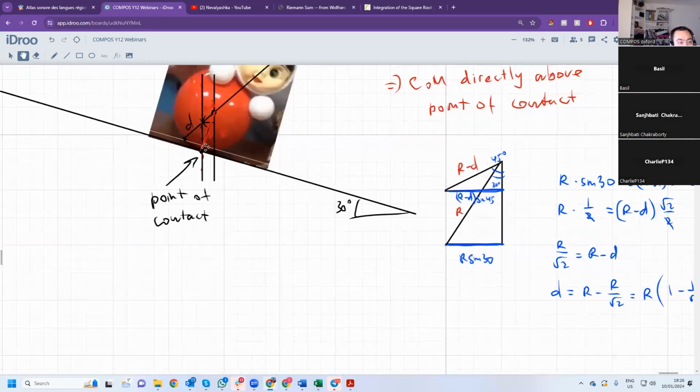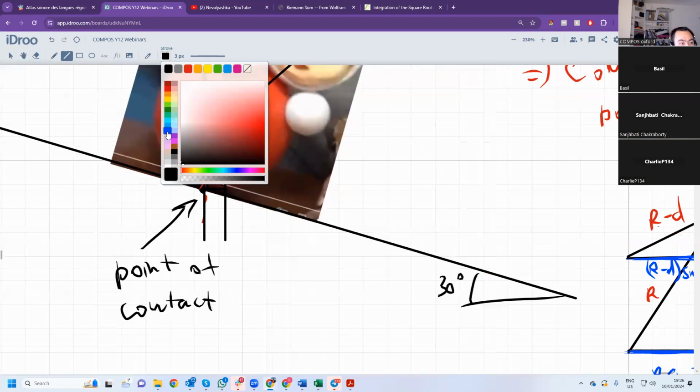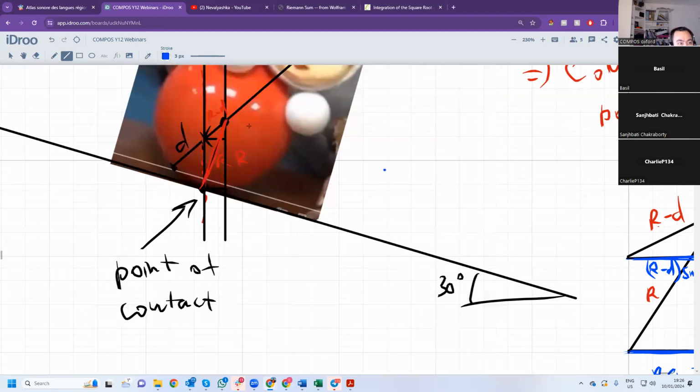The triangles are here. I'm just gonna draw them here to hopefully make more sense. This is the first triangle, and this is the second triangle. And just label them. This is the center.